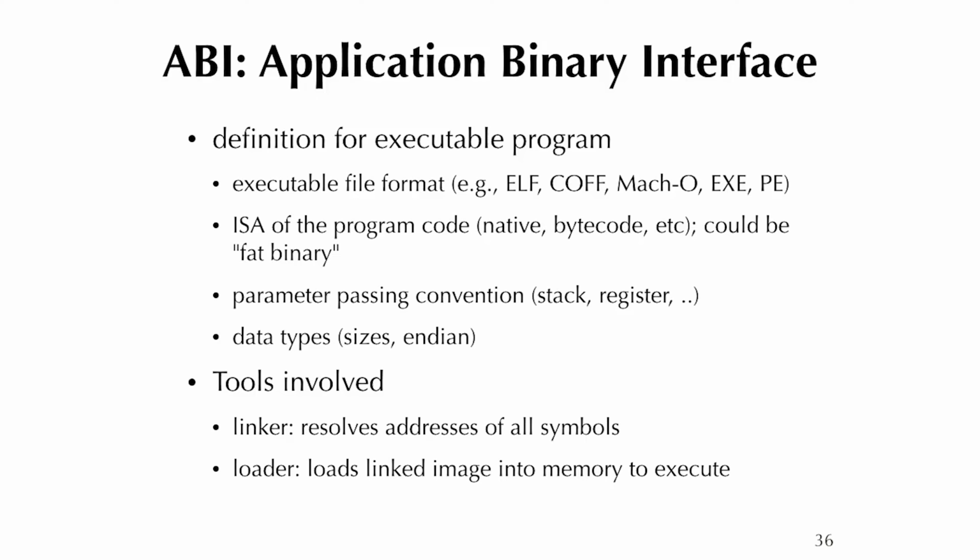And so is the architecture compatible with itself, right? So that's kind of an issue. And then also all these tools involved, including the linker that may do static linking or dynamic linking. If it does dynamic linking, how does it resolve the addresses and symbols, right? And the loader, well, which is it, dynamic loading. That means after your program starts running, it may load or unload parts of it.